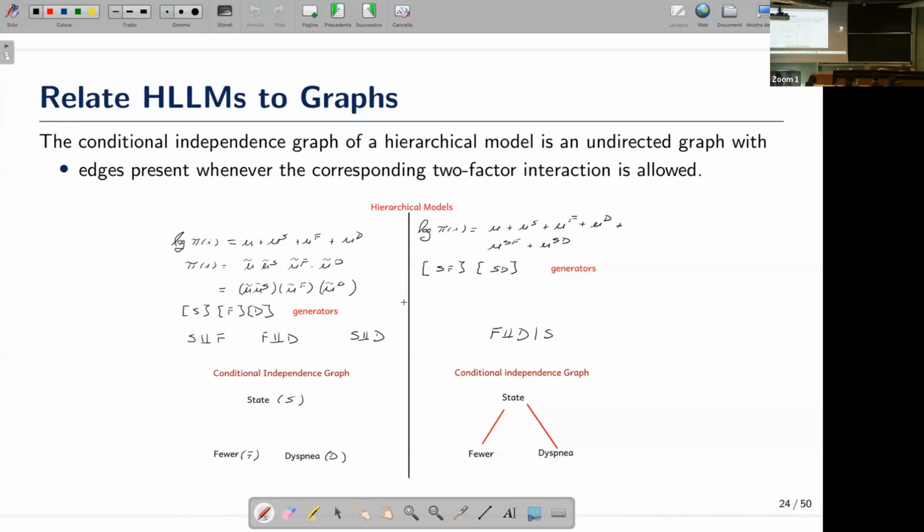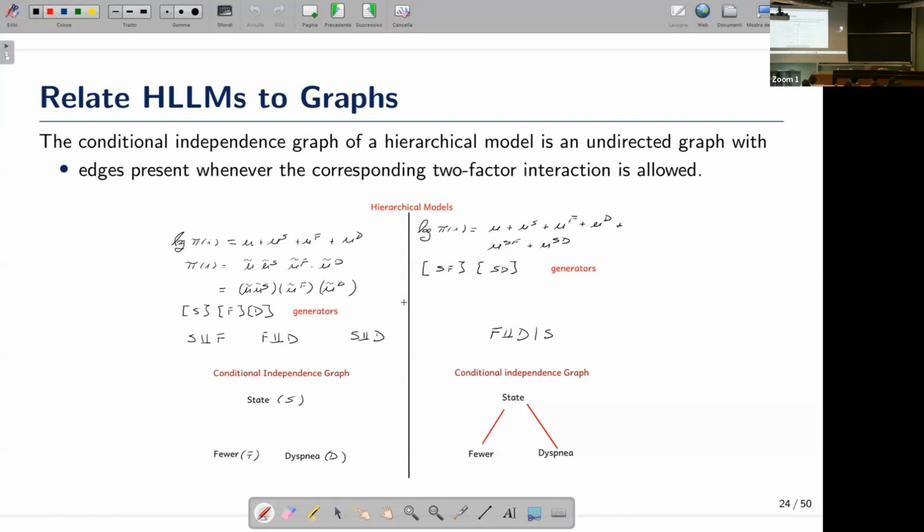There is no connection. Now you put the main effects, and then you put SF, an interaction term, and SD, the other one. So the generators of this graph are SF and SD, because they are here. And now you have this conditional independence, which means you have this undirected graph.